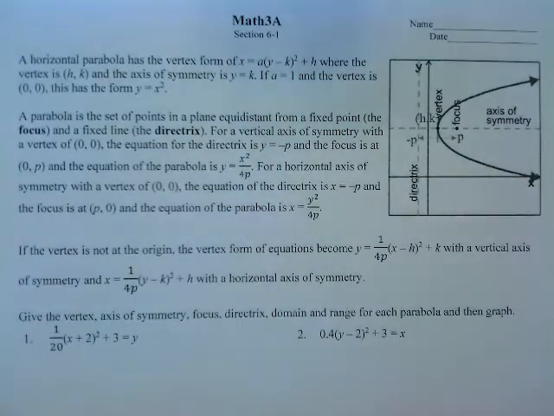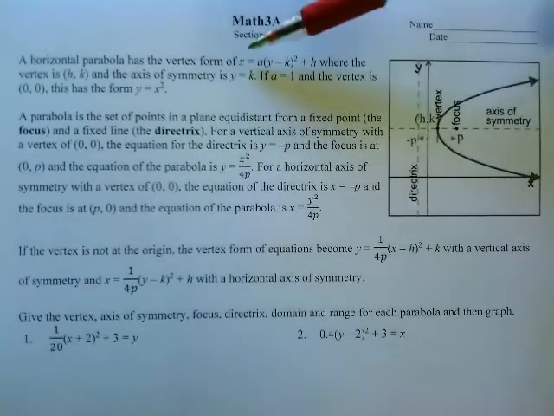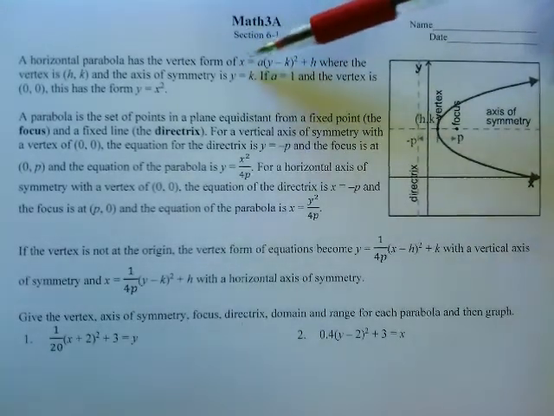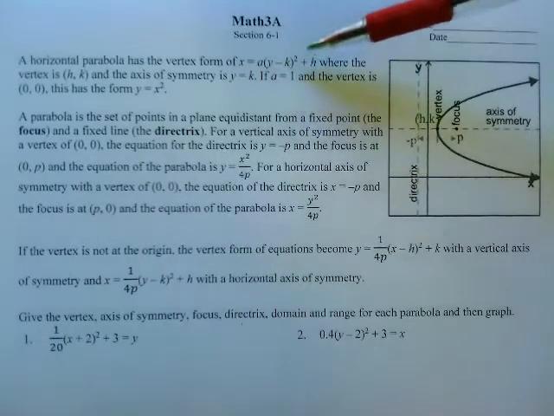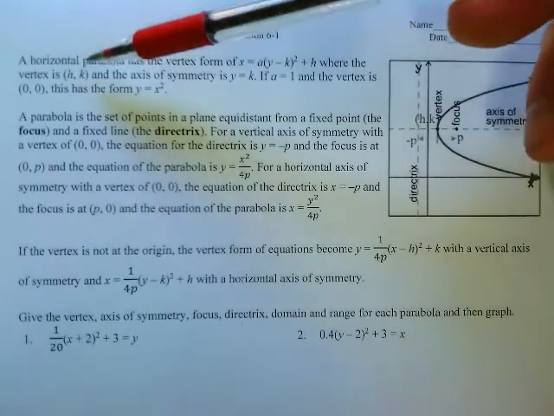Today we're going to look at horizontal parabolas. A horizontal parabola has the form in which basically we switch the x and y. So notice that it's x equals, and it's the y part that is squared. Its vertex will still be (h, k).